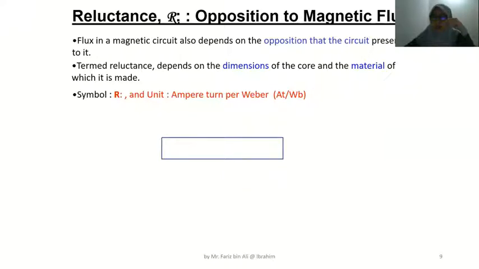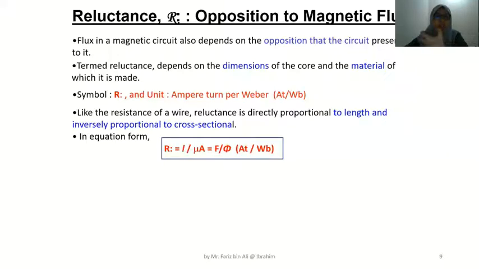Magnetic circuits can be made from different types of magnetic materials, which have different reluctances. The symbol is the italic R, and the unit is ampere-turn per Weber.